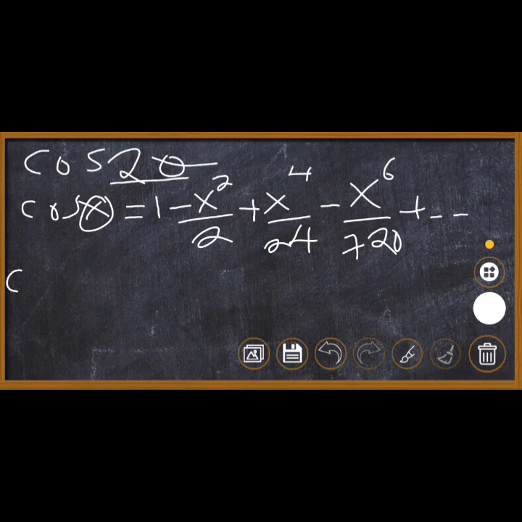So we are going to have cos of 2 theta. Where there is x, of course, we say there is 2 theta.